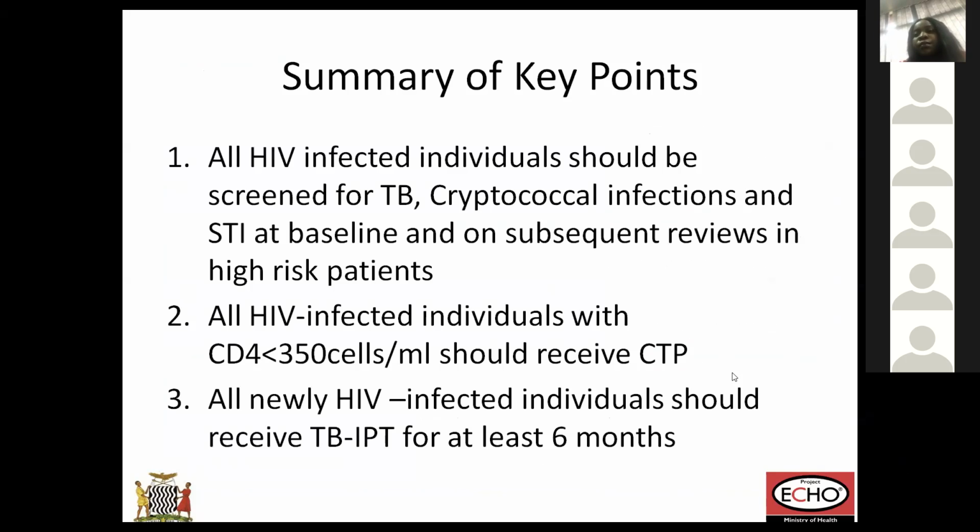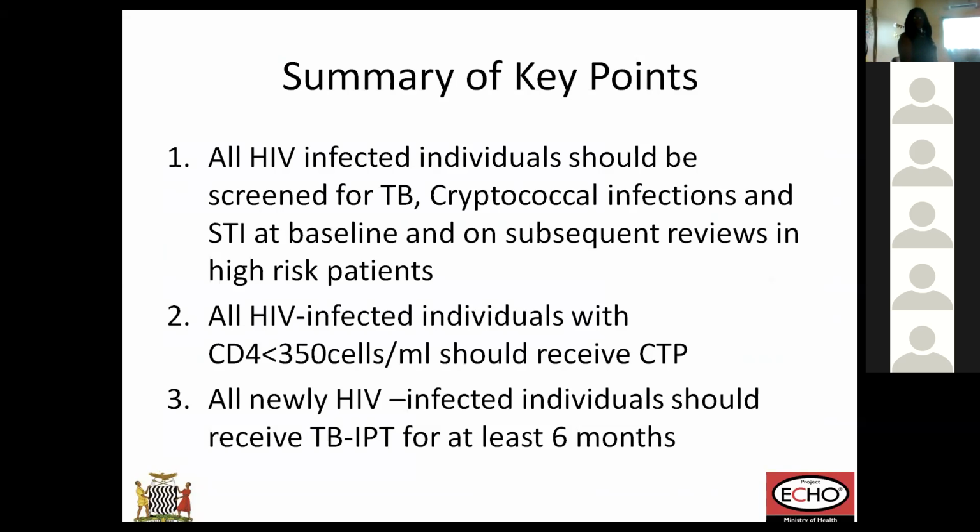So the take-home points from this presentation are, number 1, that all HIV-infected individuals should be screened for TB, cryptococcal infections, and STIs at baseline and on every subsequent review, especially in high-risk patients.